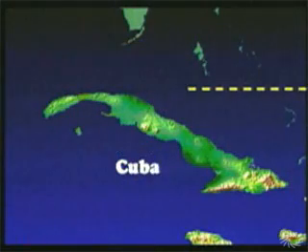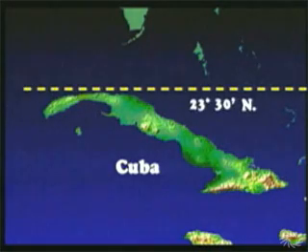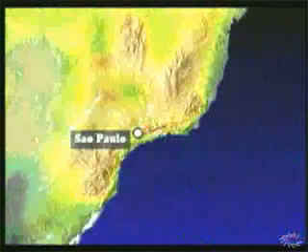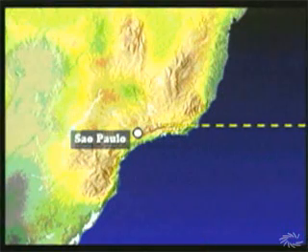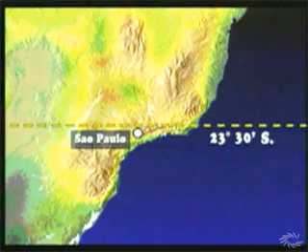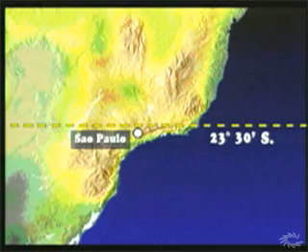For example, we could say that the northern edge of Cuba lies at 23 degrees 30 minutes northern latitude, and that Sao Paulo, Brazil lies at 23 degrees 30 minutes or 23½ degrees southern latitude.